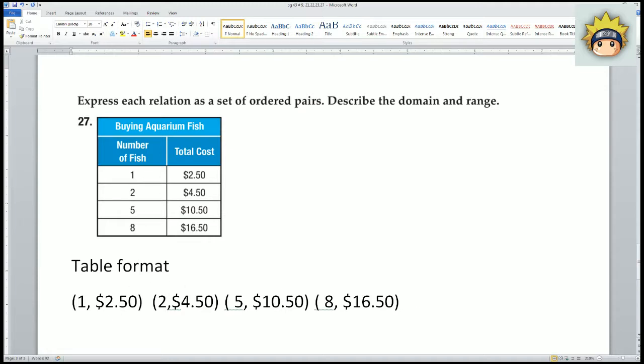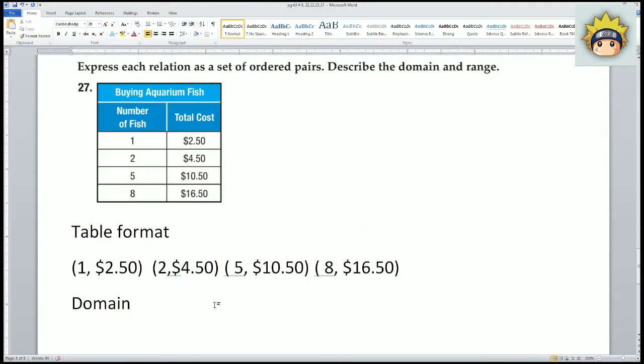My domain refers to my x values. So let's look at the x values. Your domain exists in a set of 1, then the next value is 2, the next value is 5, and the next value is 8. This is what represents the domain. The range is all my y values.